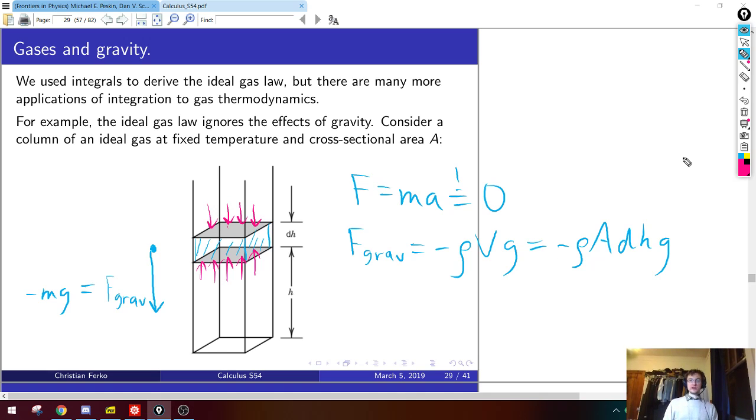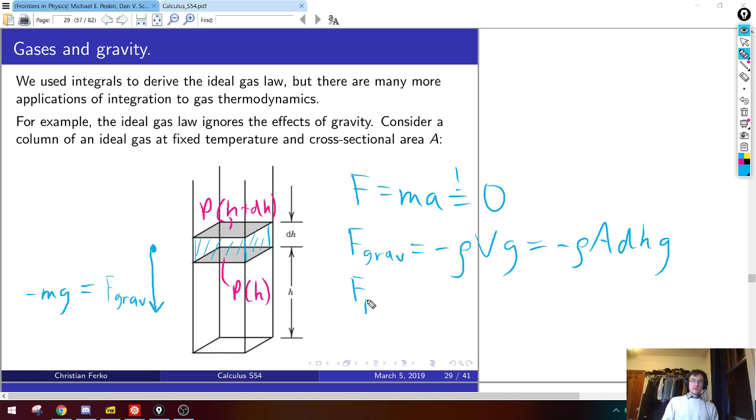We're assuming the pressure is changing. So this guy feels some push from the guys below him and some push from the guys above him. To emphasize that they could be different, we're going to write pressure evaluated at the height h plus dh for the guys pushing down on him. That's this one. And then we're going to write pressure evaluated at the height h for the guys pushing up on him. We're trying to make pressure a function of height, basically.